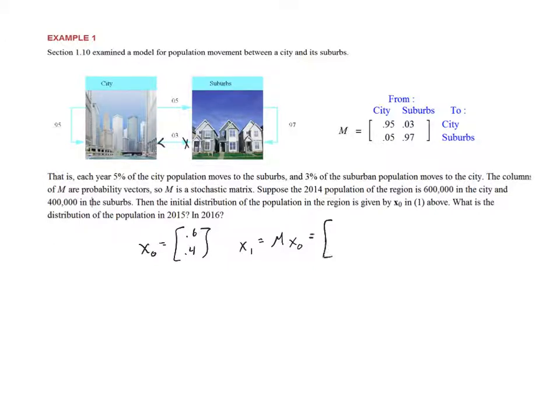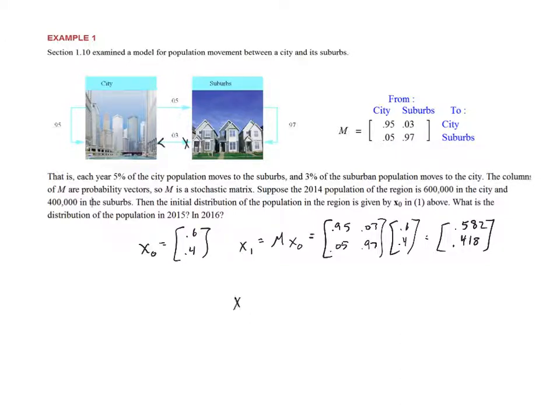So that M times x naught is [0.95, 0.05; 0.03, 0.97] times [0.6, 0.4]. Check that in your calculator. You get 0.582 and 0.418 for my x1 vector. In section 1.10, we got 582,000 and 418,000. So again, the context is just shifted a little bit.